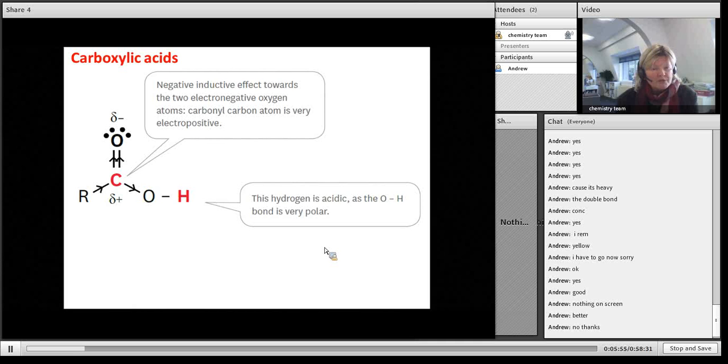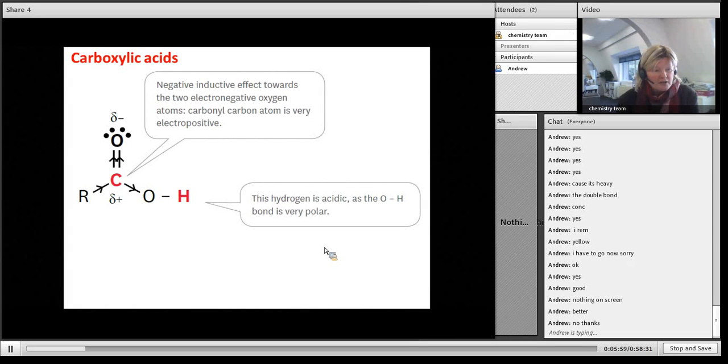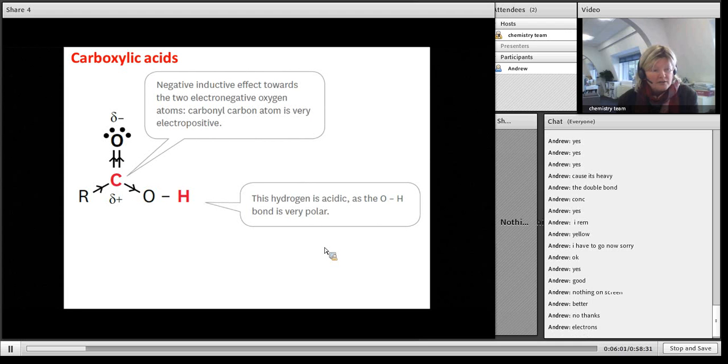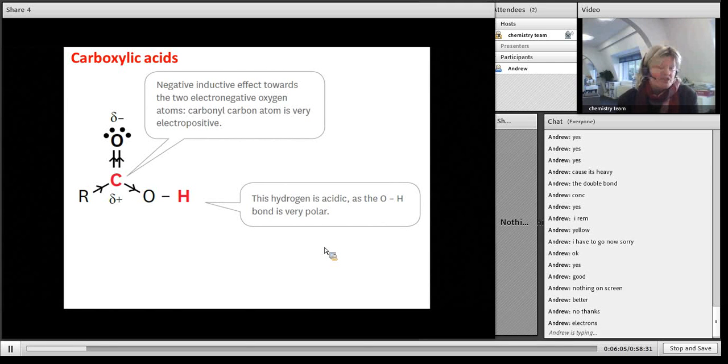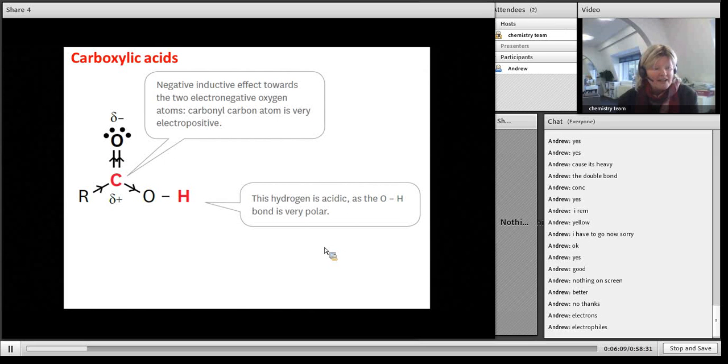So what sort of thing is going to attack a carbon in a carboxylic group? It's something that's electron rich. Yeah. So it's not electrons themselves, but it'll be nucleophiles. An electrophile is something that loves electrons, so it has to be positive itself to love electrons.